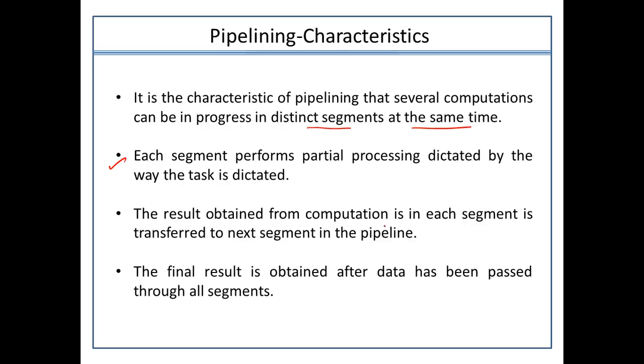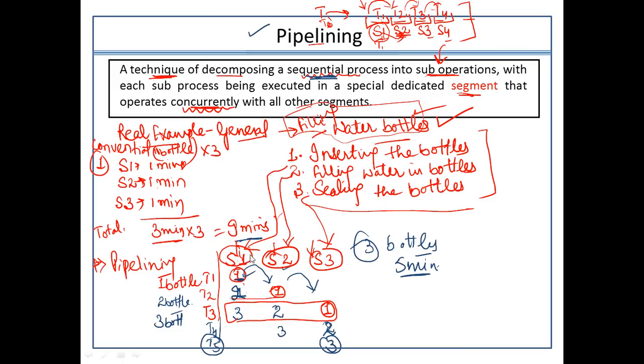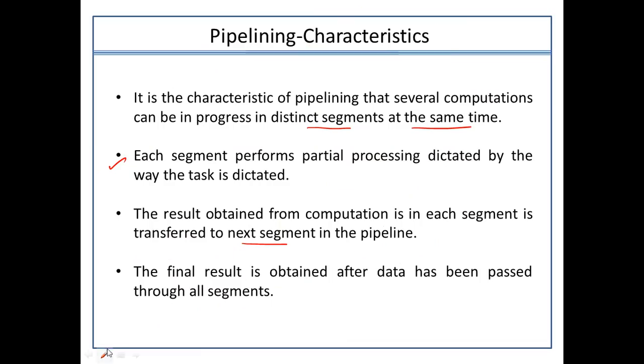Now the result obtained from the computation in each segment is transferred to the next segment in the pipeline. So definitely only when segment 1 is done with its job, only then will it proceed with the second segment, and then it will be forwarded ahead to the next segments. So the final result is obtained after the data has been passed through all the segments.